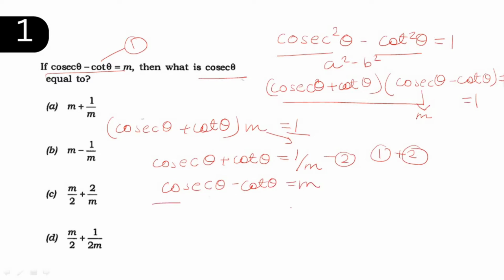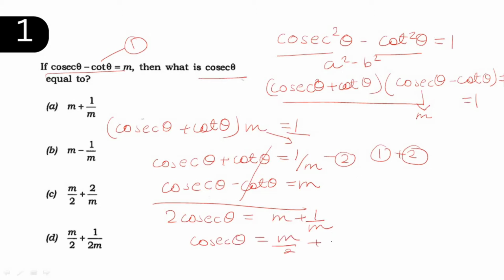Okay. So if we add both the equations, the cot theta will cancel out. We will get 2 cosec theta is equal to m plus 1 upon m. So cosec theta will be equal to m upon 2 plus 1 upon 2m.